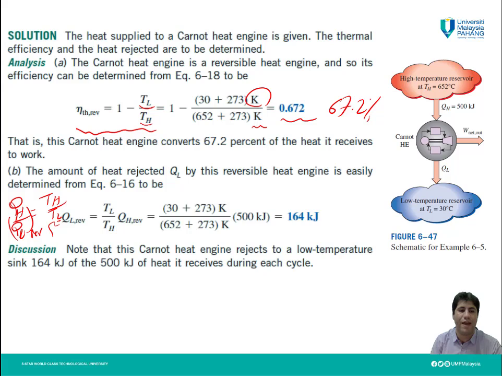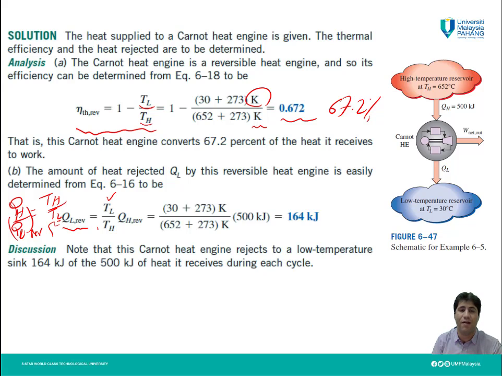So if we rearrange this equation to find QL, we can just change their position and restructure this equation, and write according to the QL, which QL for a reversible heat engine is equal to TL divided by TH times QH for a reversible heat engine.